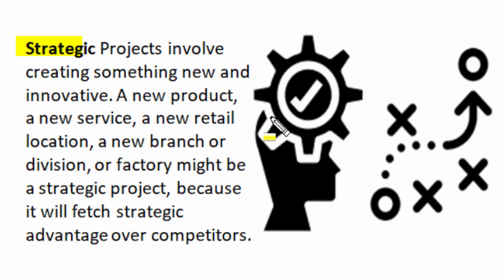It may be a new product, new services, new retail location or a new branch or division or a factory of existing organization. They call them strategic projects as completion of these projects fetch some strategic advantages over competitions and the firm gets a higher successful position after completion of such strategic projects.